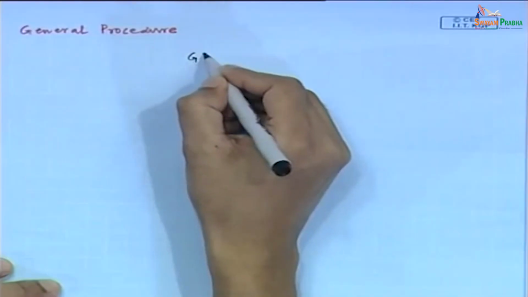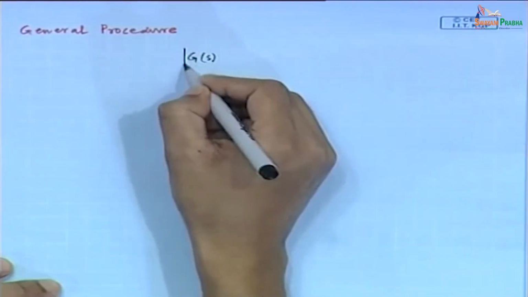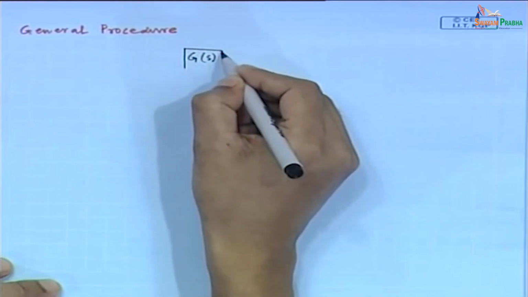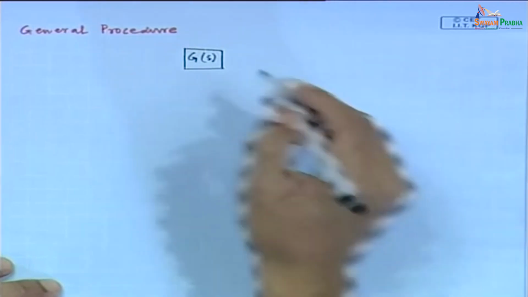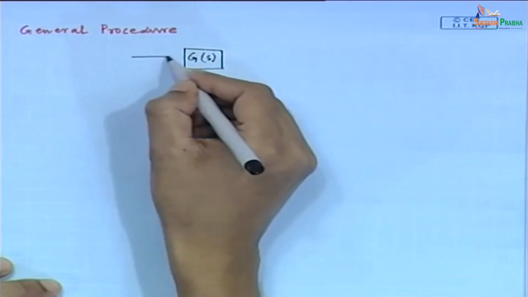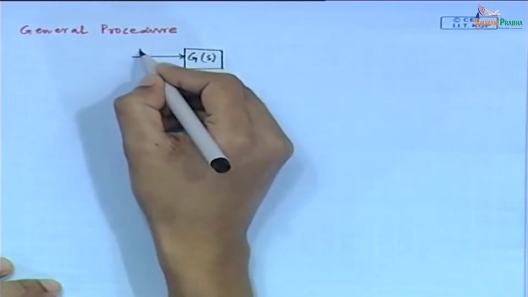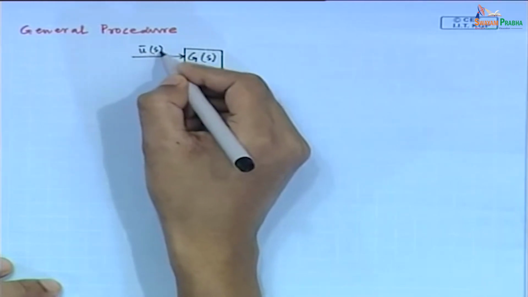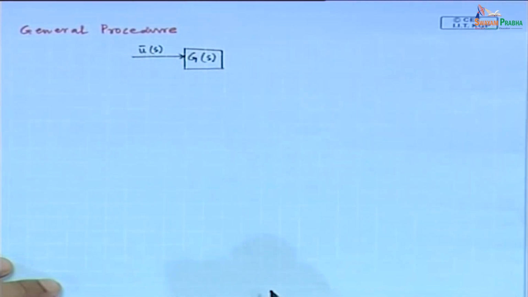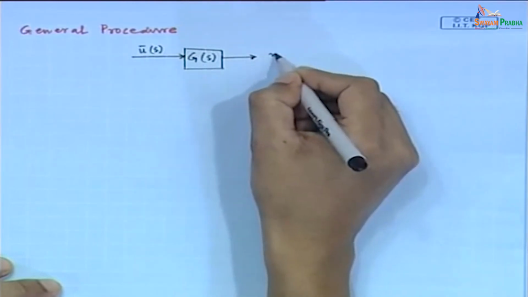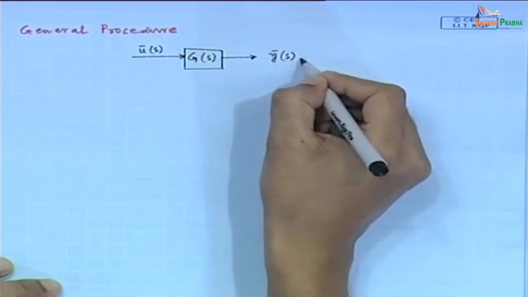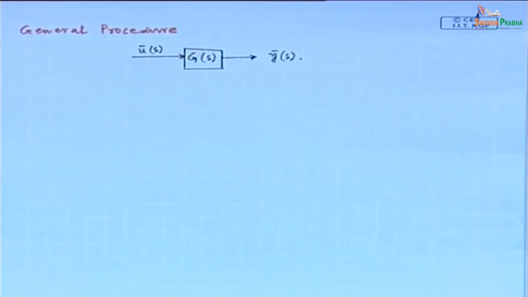Say G(s) is the transfer function of a process. Fine. Now, input to this process we can write as u bar s and output is y bar s.